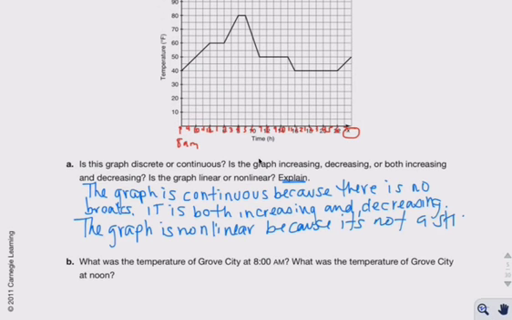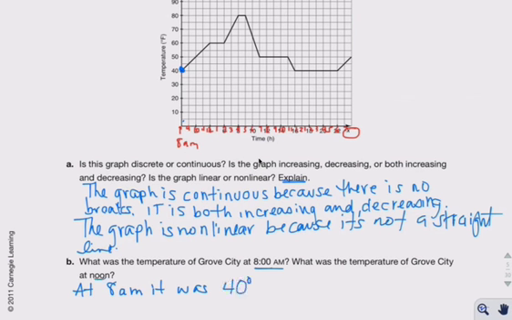Okay. What was the temperature of Grove City at 8 a.m.? At 8 a.m. is when he started. It was at 40 degrees right over here. At 8 a.m. it was 40 degrees.